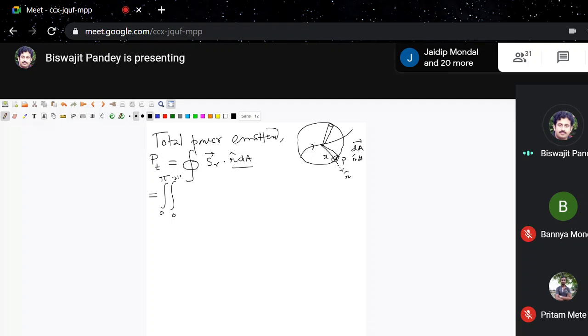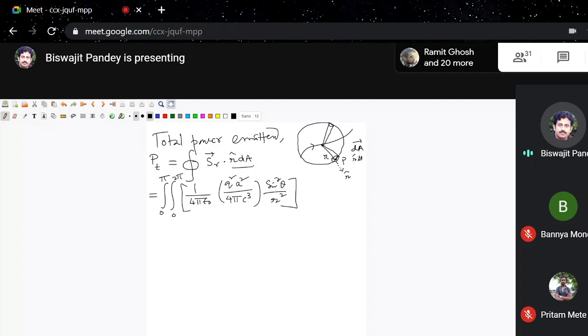We are integrating over the surface area of this sphere, and we have the Poynting vector which you derived on the last page: 1 over 4 pi epsilon 0, q square a square by 4 pi c cube, into sine square theta by r square.